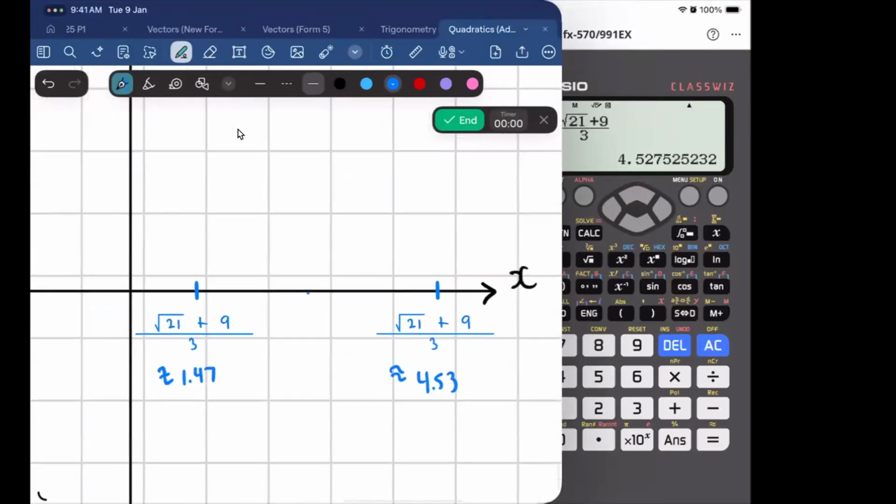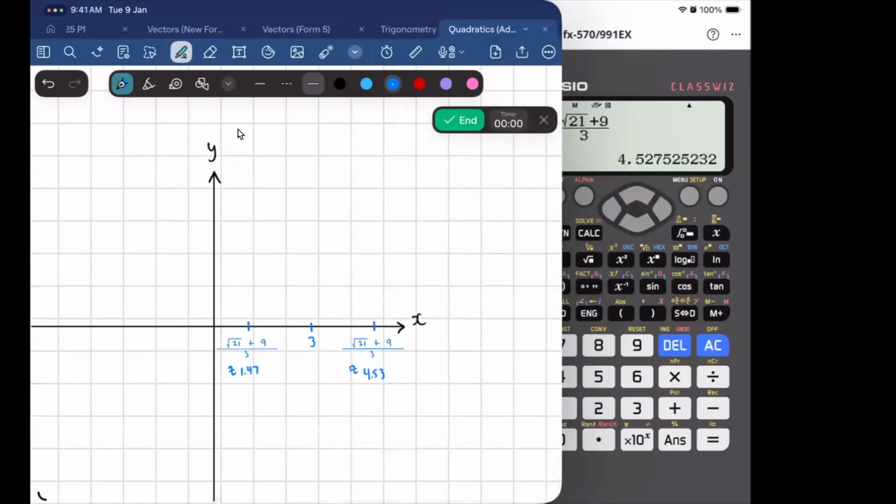Guys, just remind me, what was the x value for the maximum touch point? Three. Okay. And was our graph a maximum or minimum? A maximum. So should it look like that or should it look like that? One or two? Two, right?